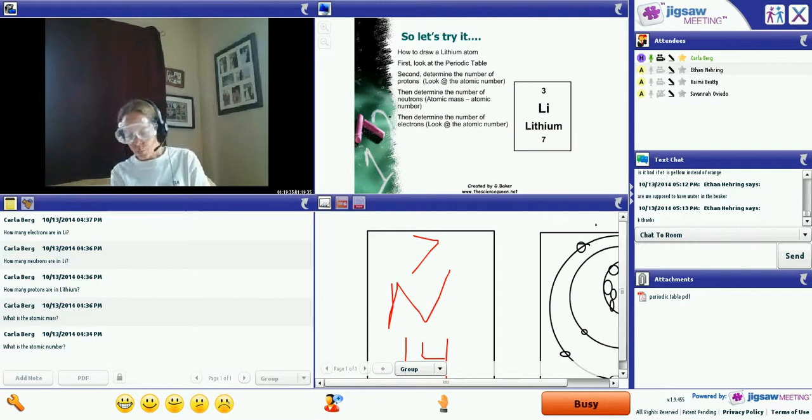So number 4, which is the limiting reactant in wells A1 and A12? In well A1, the limiting reactant was the copper nitrate. In well A12, it was the calcium nitrate.